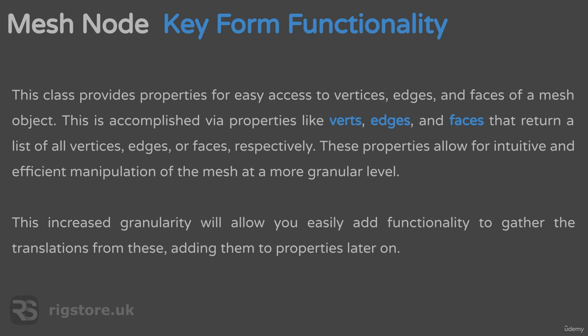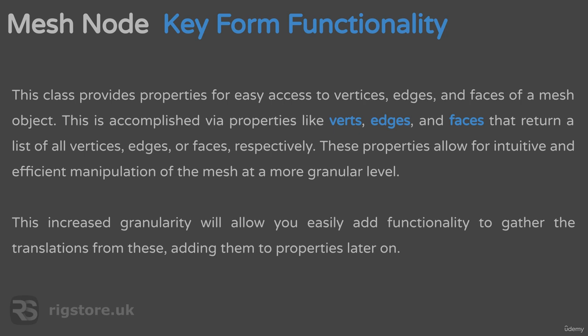Key functionality. This class provides properties for easy access to vertex, edges, faces of a mesh object. This is accomplished via properties like verts, edges, and faces that return a list of all vertices, edges, faces, respectively. These properties allow for intuitive and efficient manipulation of the mesh at a more granular level.